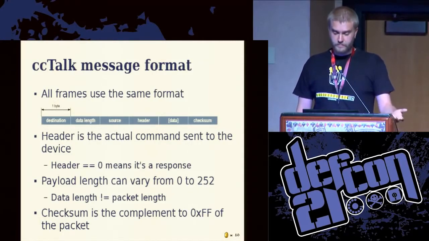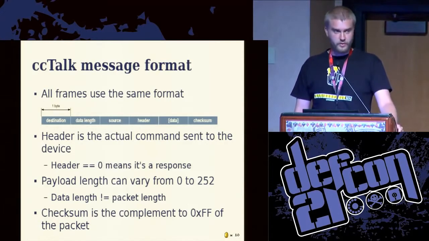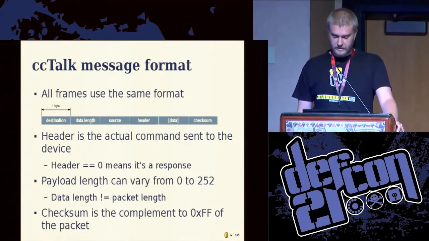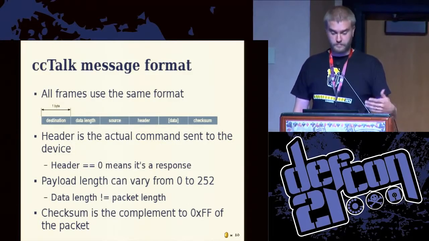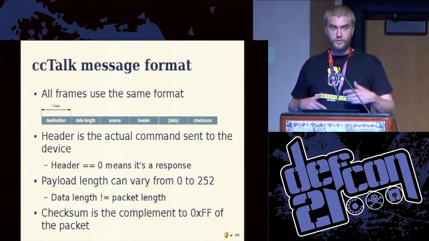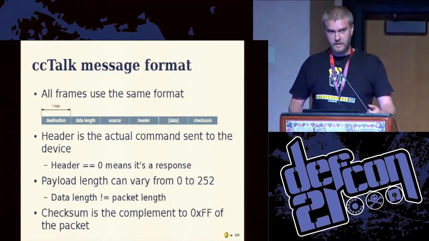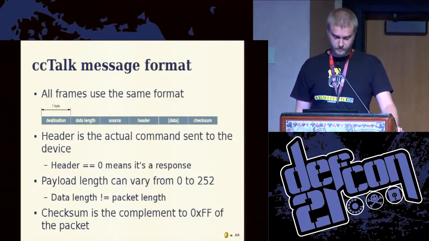The header is the command that you send to a device, and if the header is equal to 0, it means it's a response. So you don't actually have a header telling what the response is for, so you need to know what you asked to get the correct answer. The checksum is a simple checksum, just the complement to 255 of the whole packet.